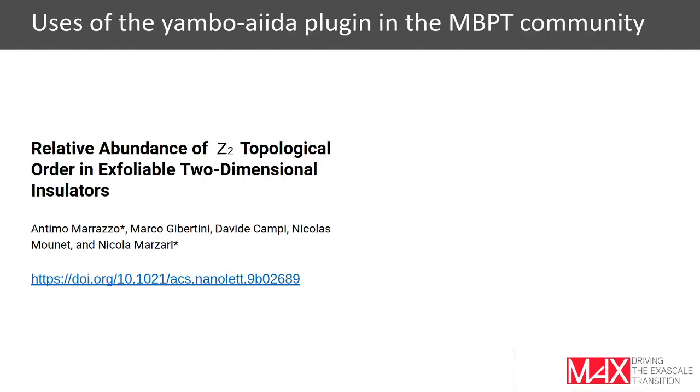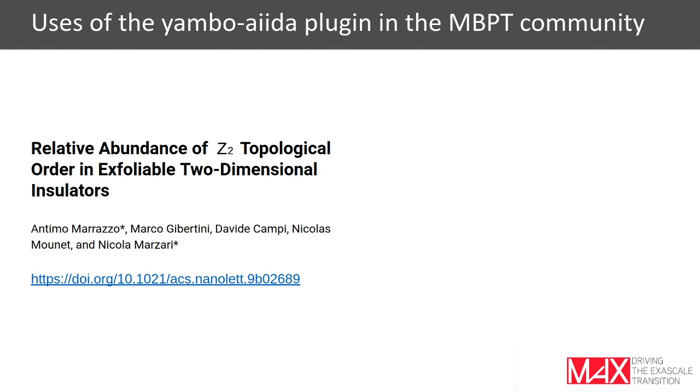Okay, now some examples of the usage of the plugin for scientific production. The first work that I want to briefly show is the one of Antimo Marrazzo, a developer of the plugin, and co-workers from EPFL in Lausanne. They made a screening on a set of more or less 2000 materials to find novel quantum spin Hall insulators.